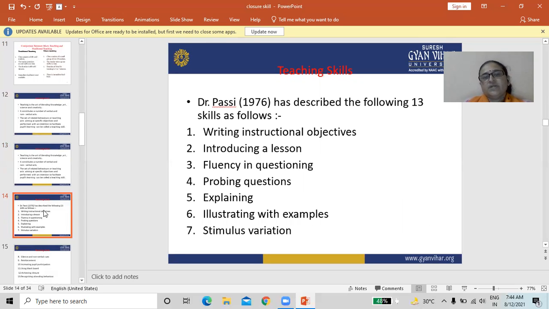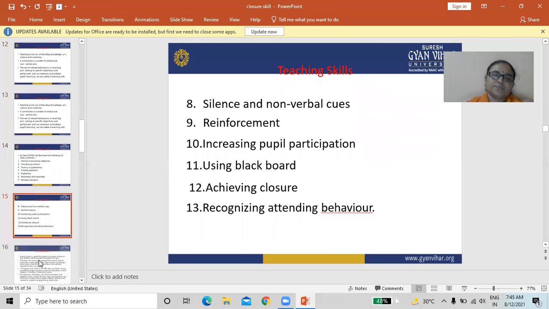Dr. Passi in 1976 described the following 13 teaching skills: writing instructional objectives, introducing a lesson, fluency in questioning, probing questions, explaining, illustrating with examples, stimulus variation, silence and non-verbal cues, reinforcement, increasing pupil participation, using blackboard, achieving closure, recognizing attending behavior.